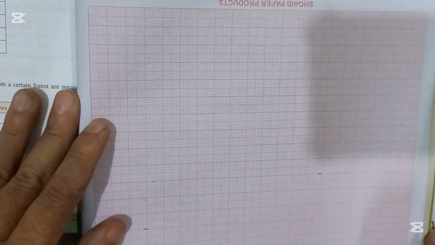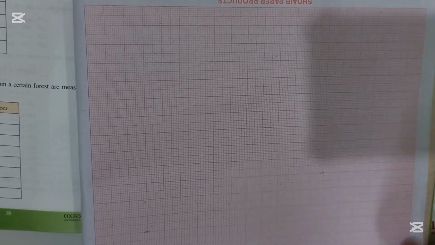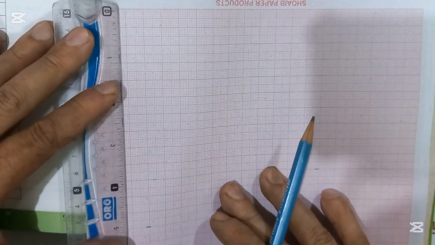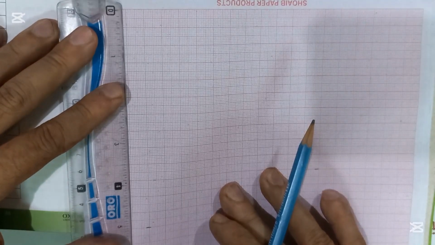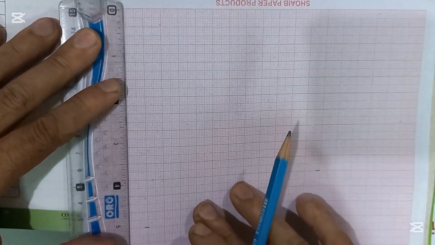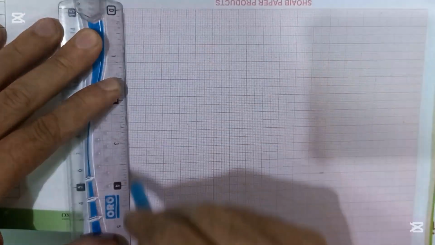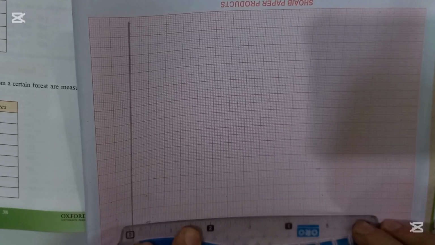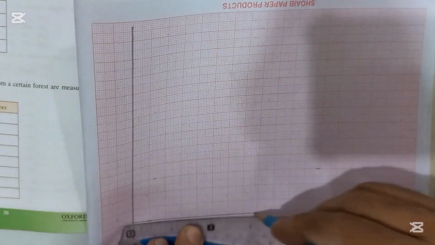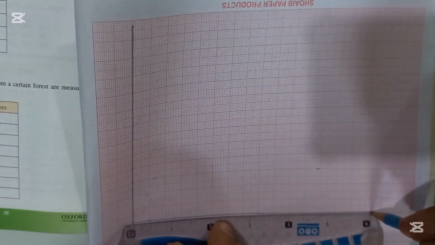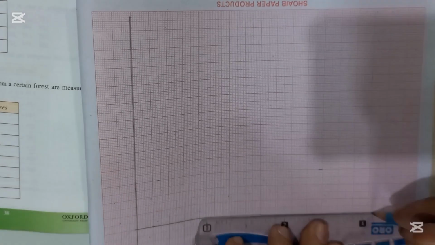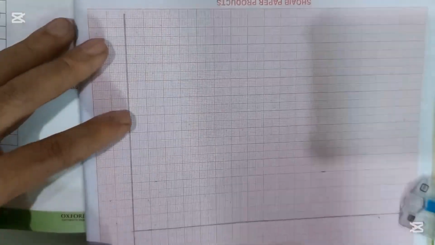So look, here is the graph paper, and we are making the vertical line and the horizontal line. Here is the origin.